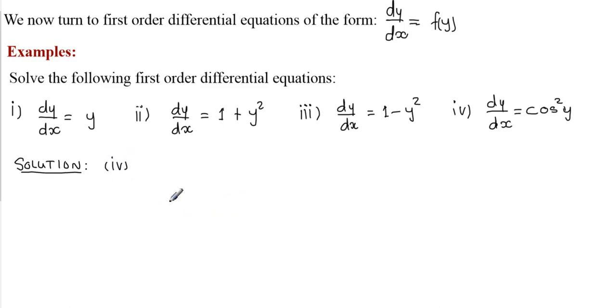So what we're going to do now, you can see that we have dy dx equals a function of y, which is cos squared y. If we were to do direct integration, you cannot apply it in this form.